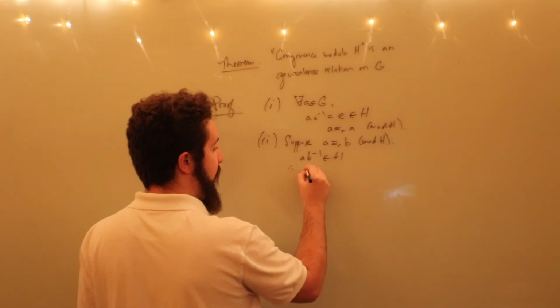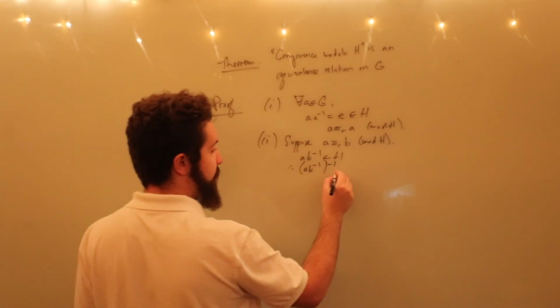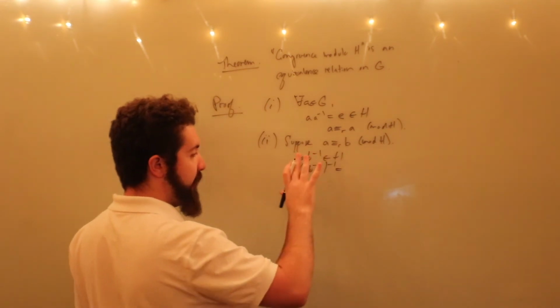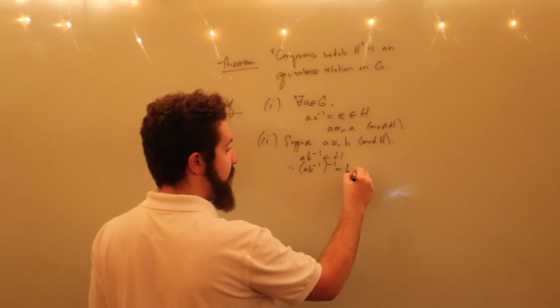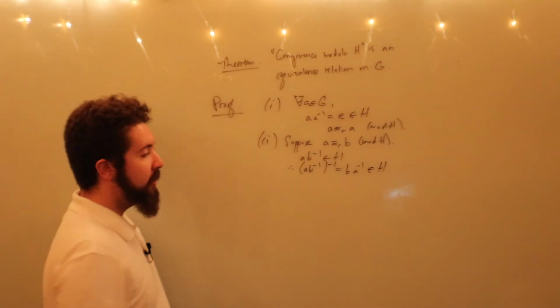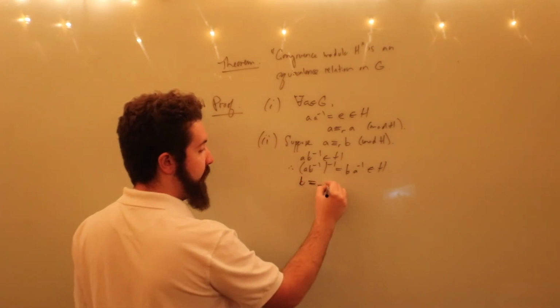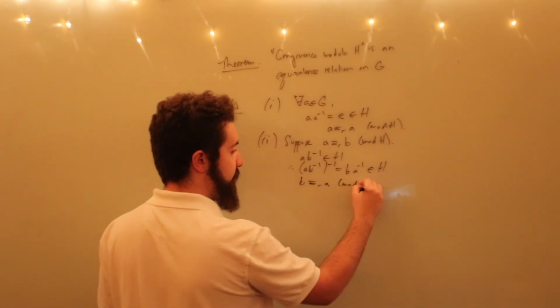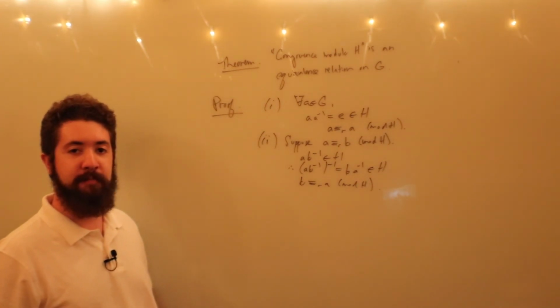Therefore, the inverse of AB inverse must also be in the group H. And this is by the way we do inverses: it's going to be B inverse inverse, or just B, times A inverse. And that has to also be in H. Well, by definition then, this means that B is right congruent to A mod H. So it satisfies the second axiom of equivalence relations.